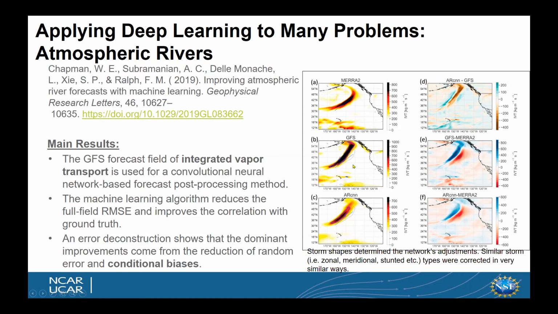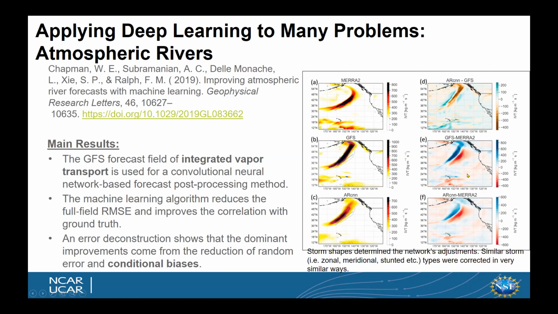What I think is exciting is when you look at the difference plots. What the convolutional net has really done is it's moved and reshaped this atmospheric river, the IVT, where we see that there is a correction in both the shape.